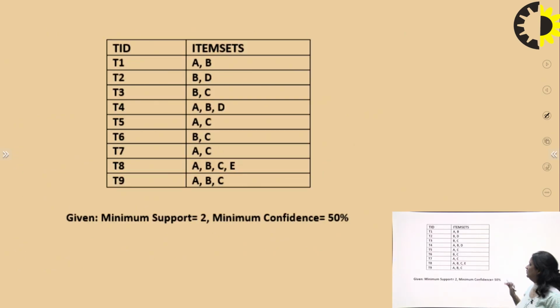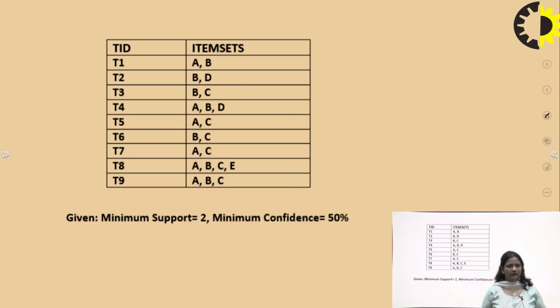Now let's understand an example to elaborate the concept of the Apriori algorithm. We have a total of 9 transactions, denoted by TID, transaction ID: T1, T2, T3, T4, T5, T6, T7, T8, T9. These are the item sets. A and B could be alphabets, numbers, or product names like milk, butter, laptop.